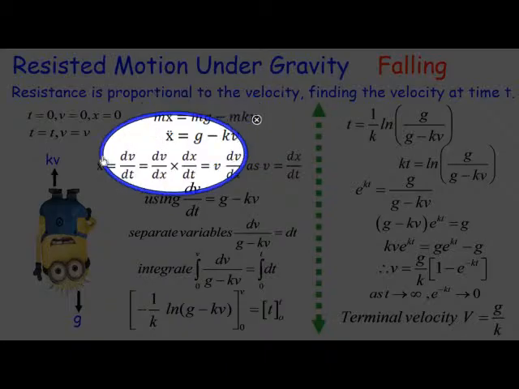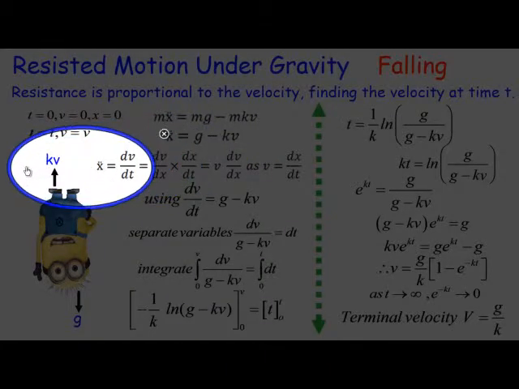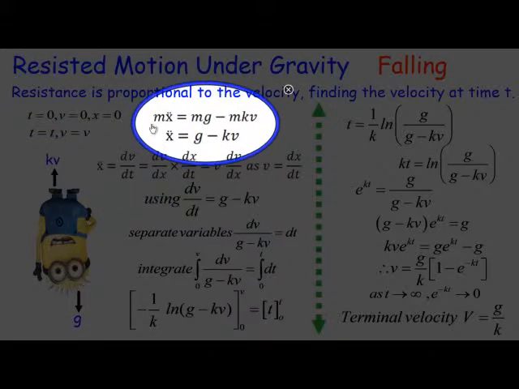Now, if you have a quick look over here, kV is acting in the opposite direction to motion. Motion is actually, he's going down, he's falling, so it's just basically the drag or the resistance kV is actually negative, and the mg and the net force, which is the balancing of these two forces, is in fact mx double dot, which x double dot hopefully we know is acceleration. mg is acting downwards again, and mkv is the actual force which is acting opposing motion, I guess you could say in this case.